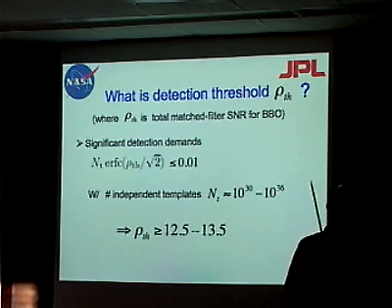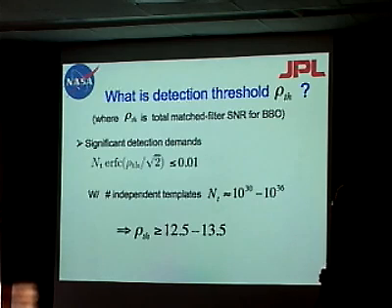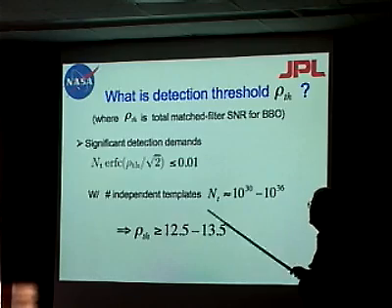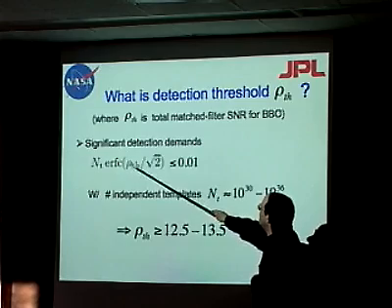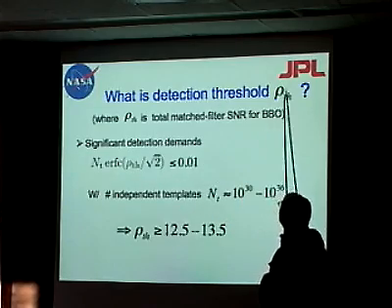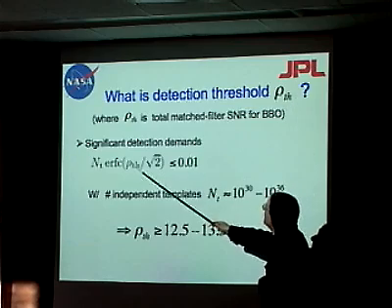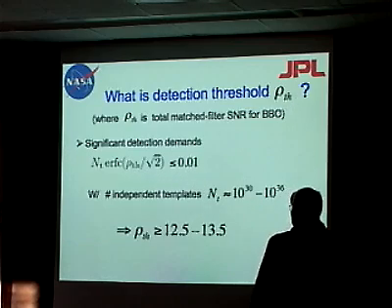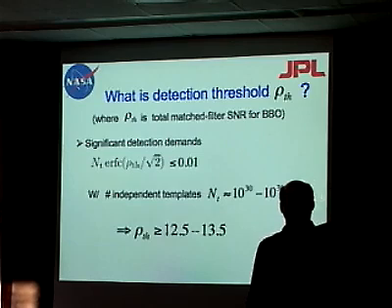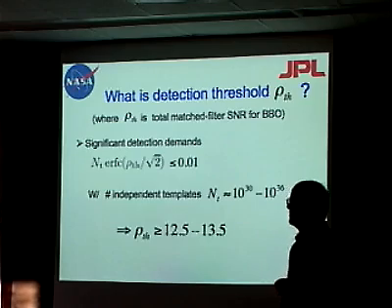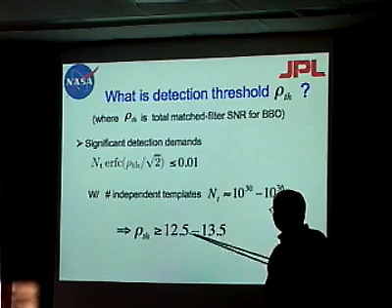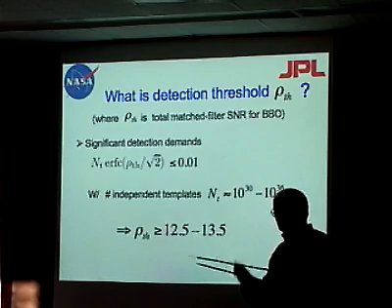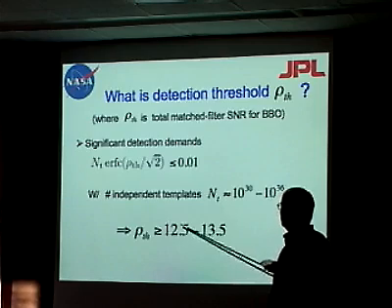It's a lot. So even if the noise is Gaussian, if you demand that the signal to noise, I'm calling rho the signal to noise, be large enough that you don't make any errors in all those templates, with a false alarm rate of 1%, that automatically says the threshold rho theta has to be at least 12.5 to 13.5.